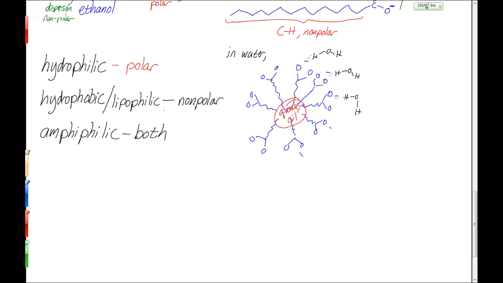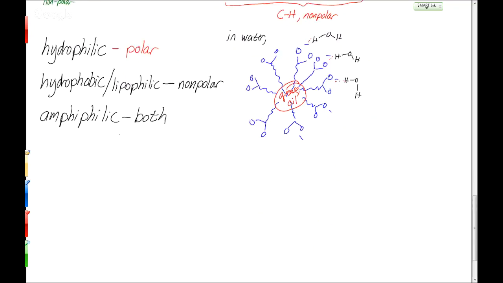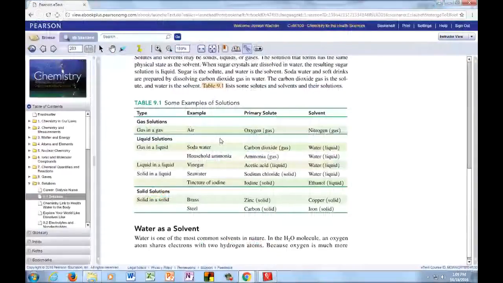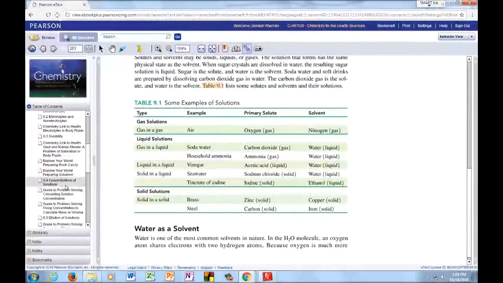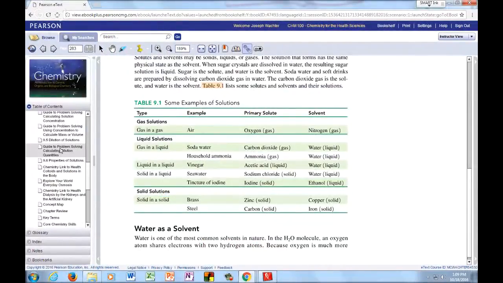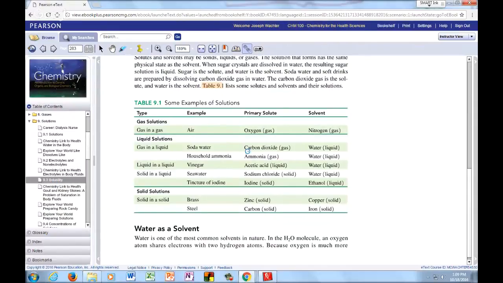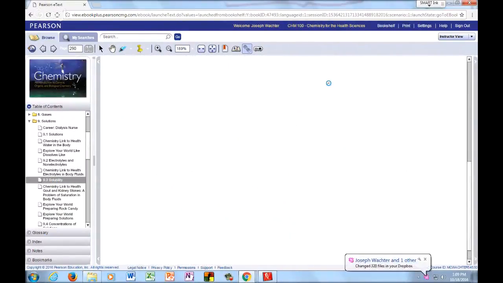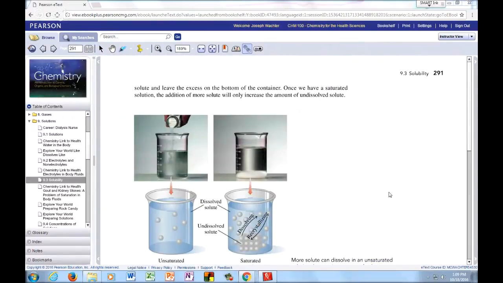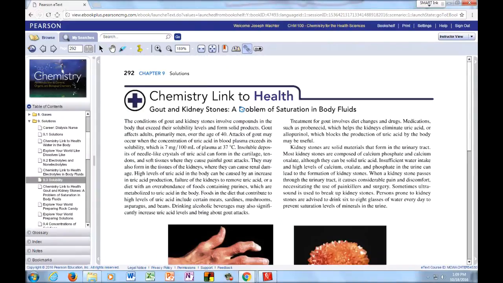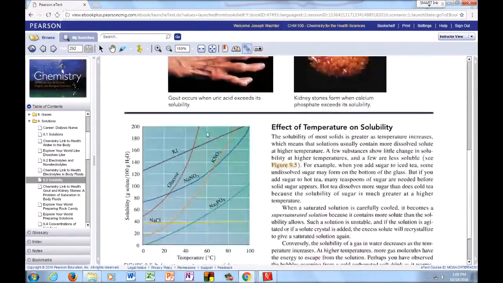Okay. Next thing we're going to talk about is directly applicable to lab today. Solubility.